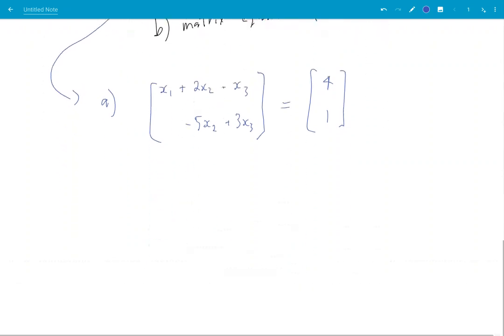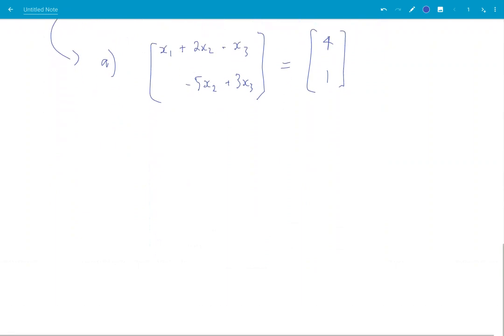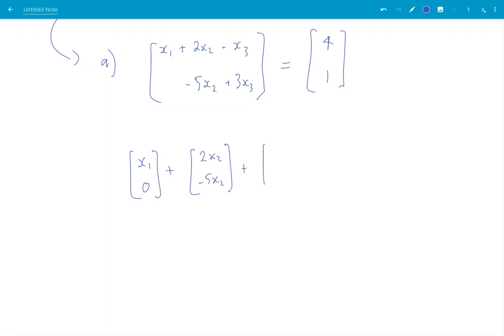Now I can decompose my left-hand side to get three vectors. And I'll leave the right-hand side alone.